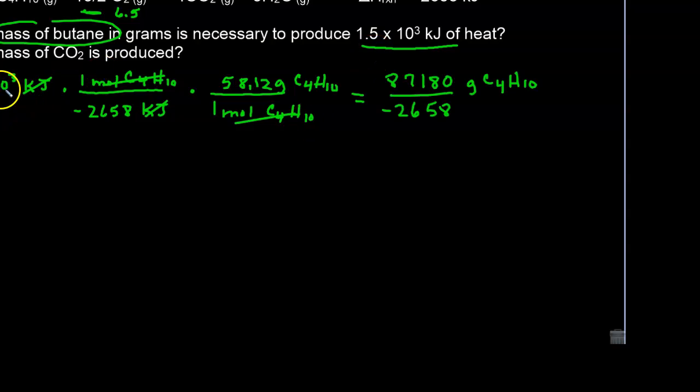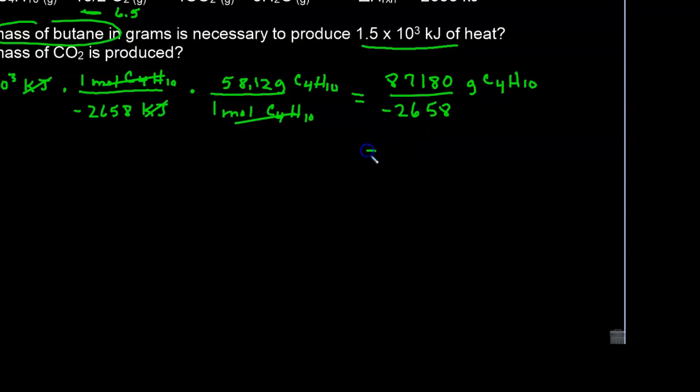Okay, and when I did my calculation of my 1.5 times 10 to the third times 58.12, I got 87,180. And then the negative 2,658 times 1 is, of course, just that number.